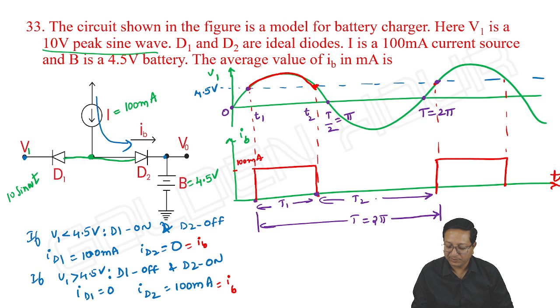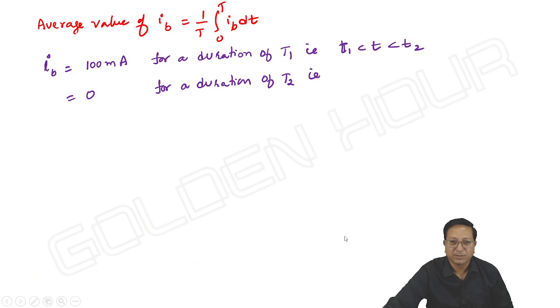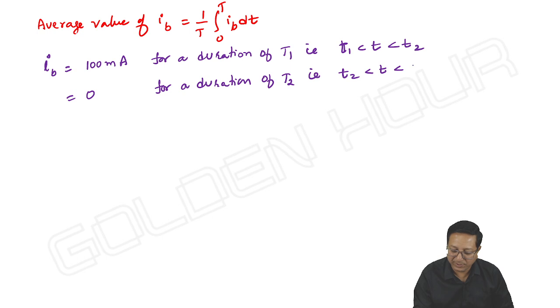Okay, that is capital T2. t2 less than t less than 2 pi plus t1. Just for our understanding purpose only I am writing. Even I need not mention all those things.